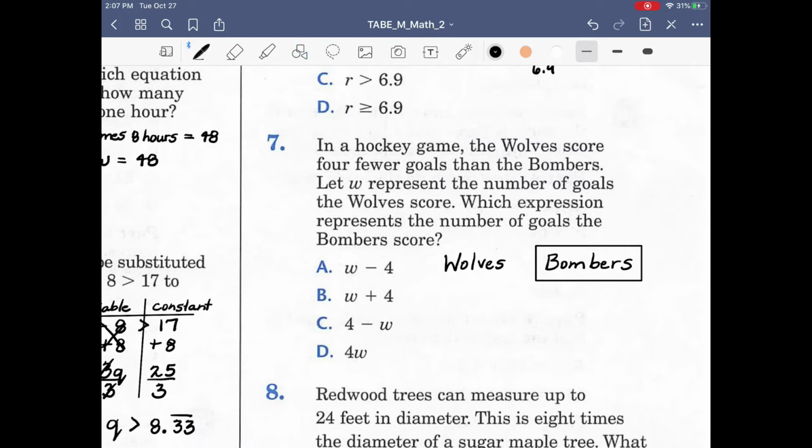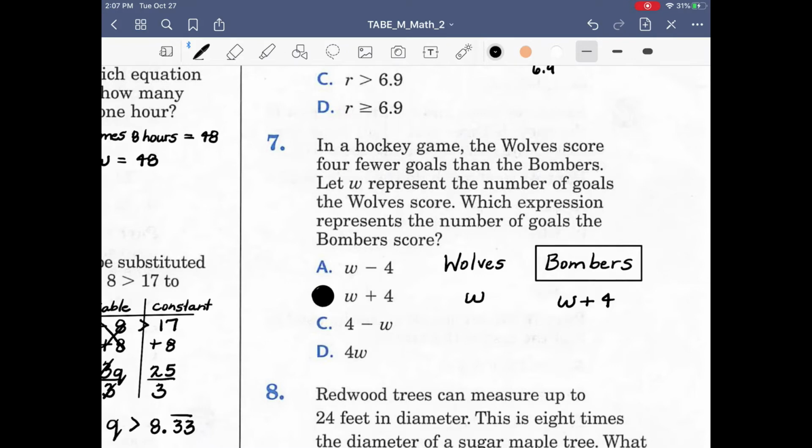So if the Wolves scored W, the Bombers scored the same amount and then some. The Bombers scored 4 more than the Wolves. So the answer we want here is B. The Bombers were the Wolves plus 4 because they won the game.